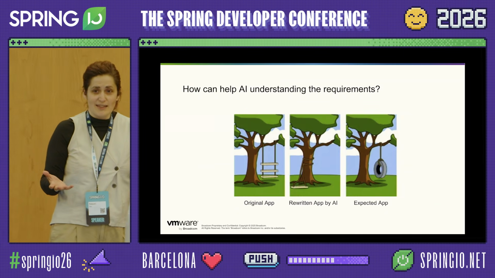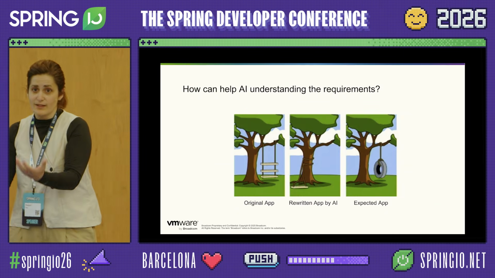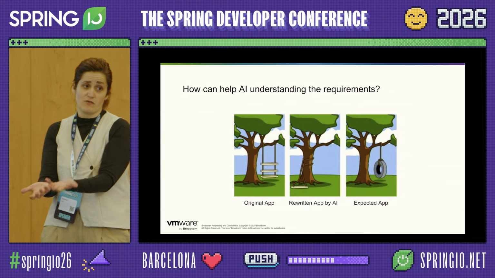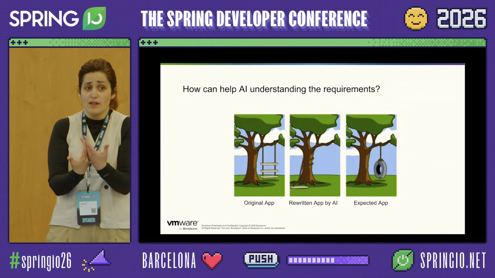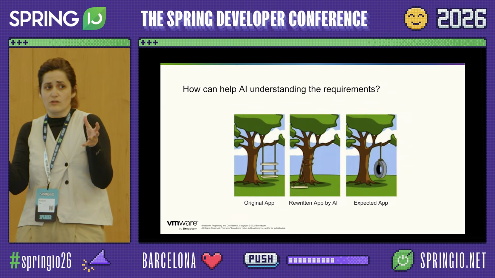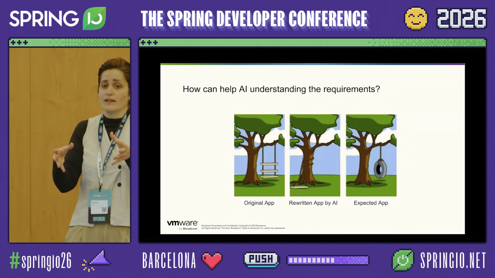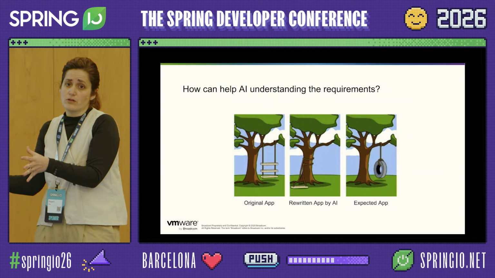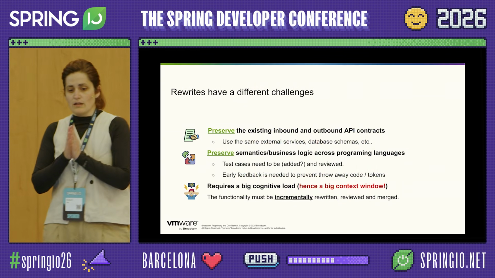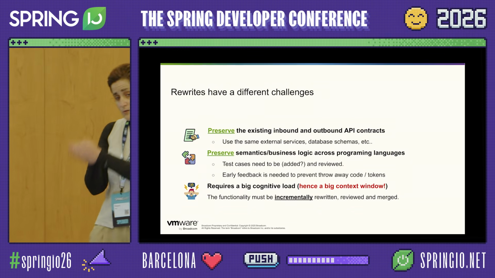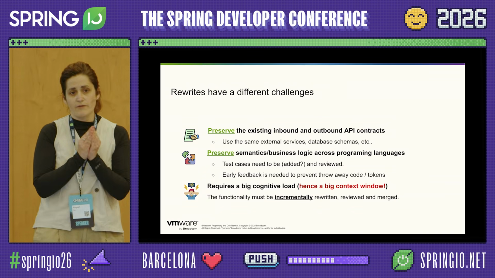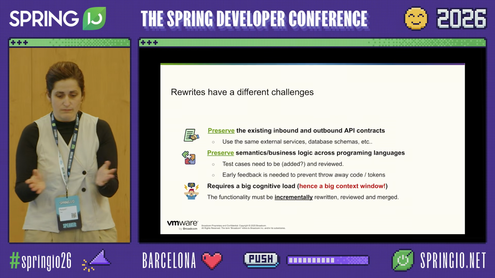So the question at the end is how we can help the coding agents to understand the requirements of the application. Because when something is not respected, what is that thingy? Usually that thingy is the inbound and outbound contracts of the existing application. So rewrites, which is the third categorization for modernization, have the following challenges.